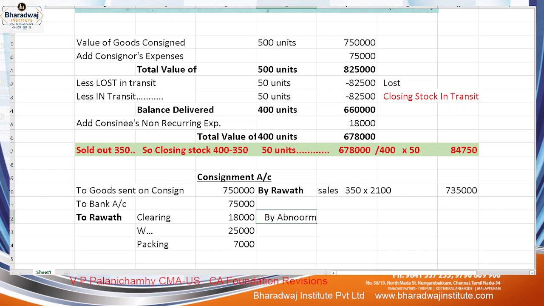By abnormal loss, 82,500. By closing stock, there are 2 items: in transit and with Rawat.